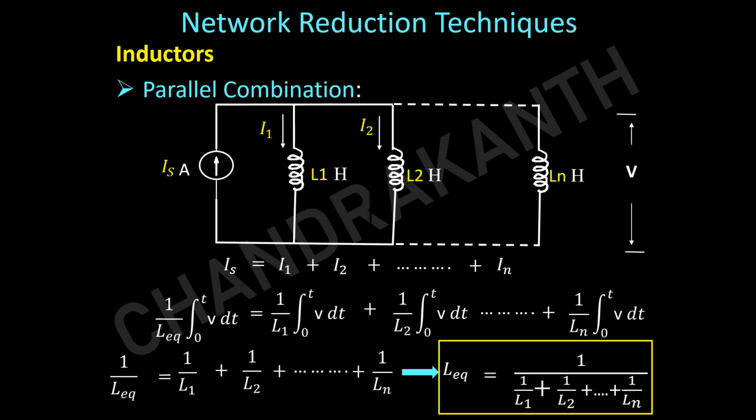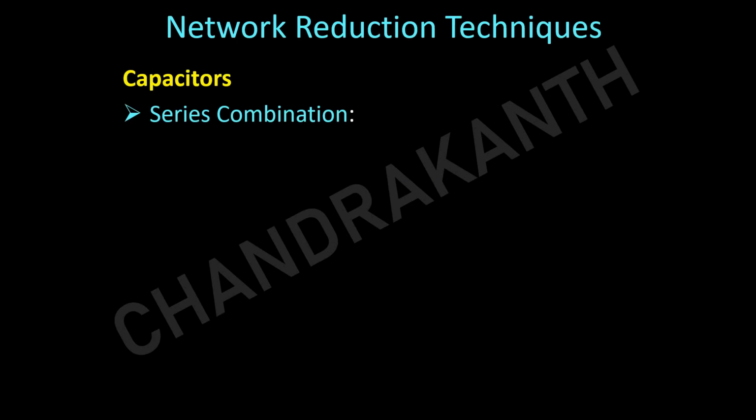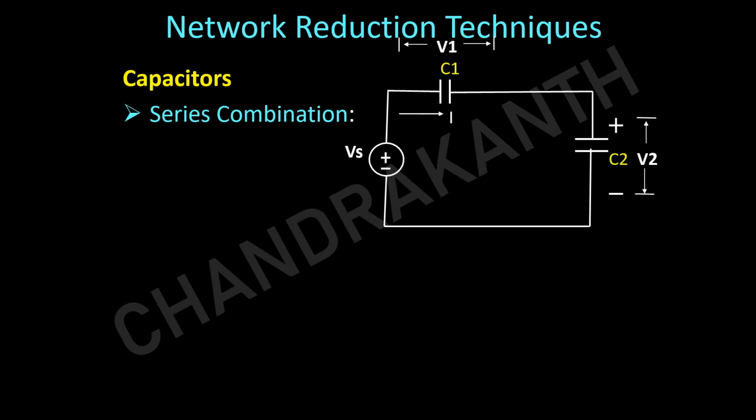Now in a similar way we will see capacitors. If the capacitors are connected in series combination, it is a single loop and we have a voltage source. It is a series circuit, so you preferably apply KVL to this. By applying KVL, since the current is going in this way, you assume V1 and V2 as positive and negative.